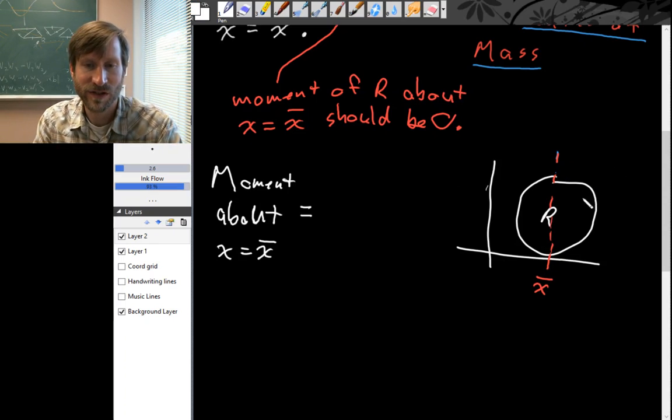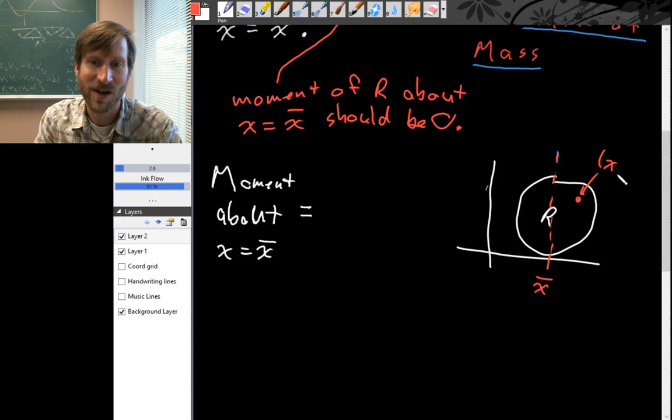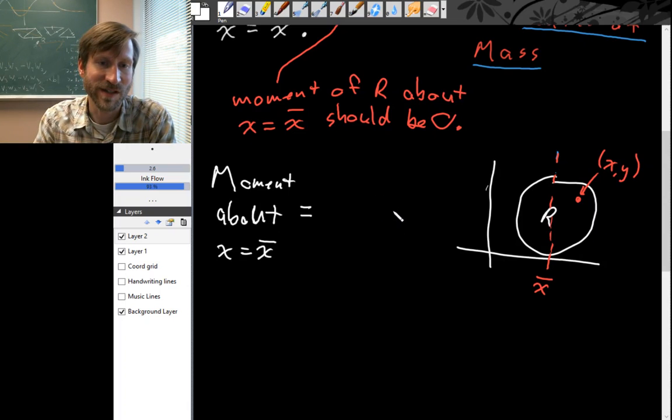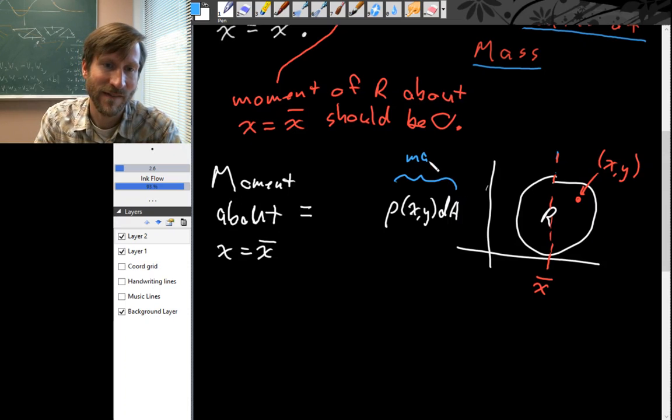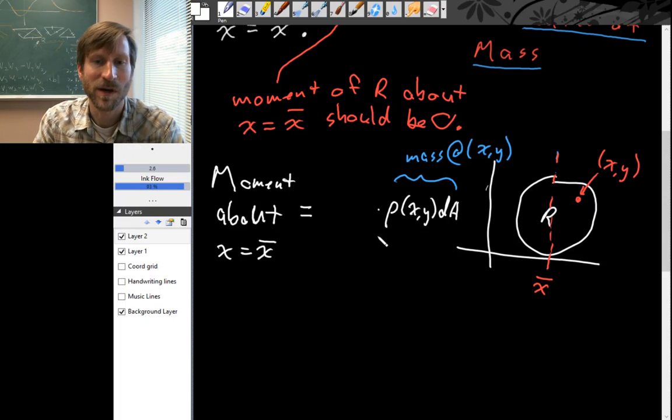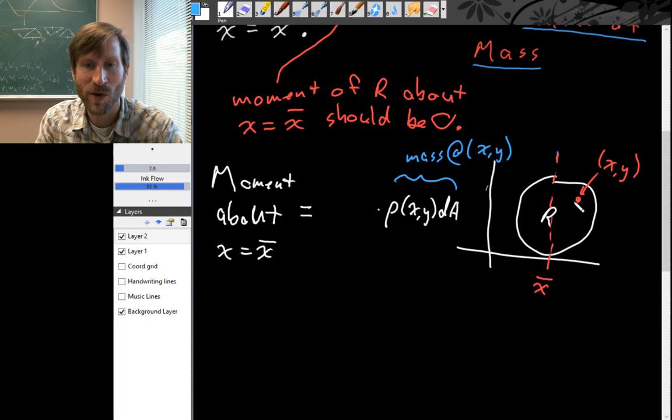So remember how we figured out the moment at a location x comma y: we took the mass at that location, which is rho of x comma y times dA. So this part is the mass at x comma y. And then multiply this by the distance of this point, x comma y, to the axis that we're measuring the moment about.